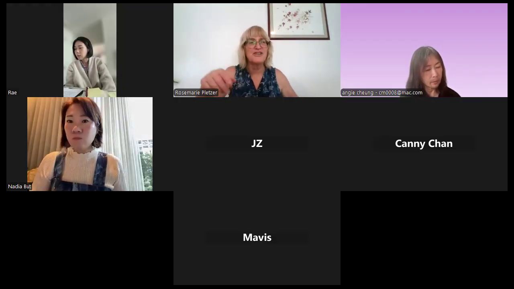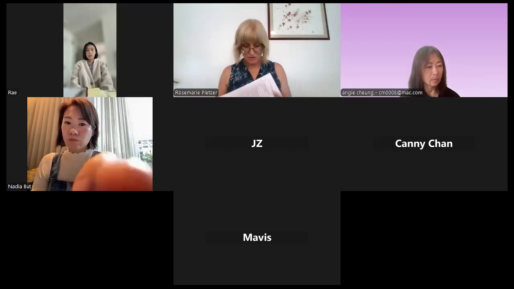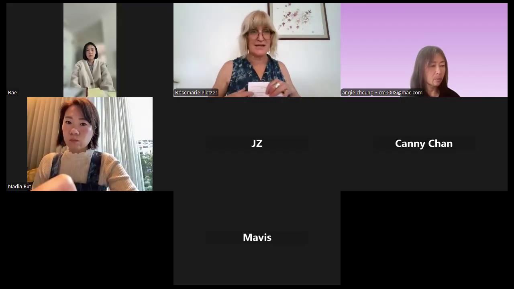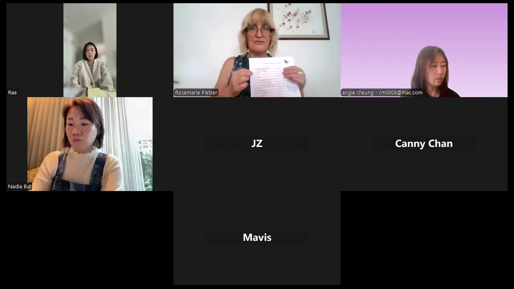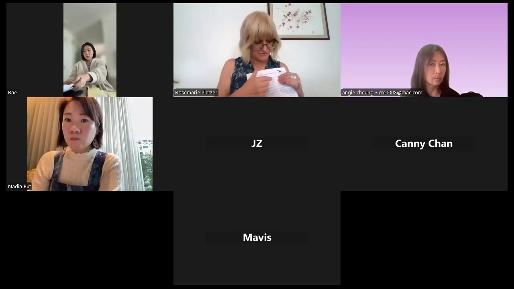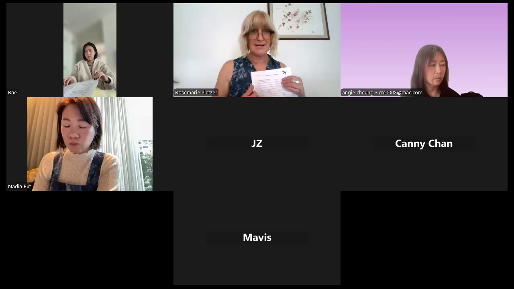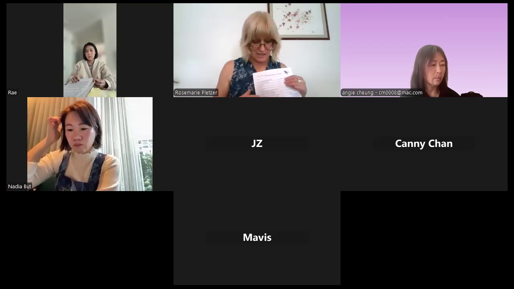If it's reversed, so if it's weak for A and strong for B, you can put an R next to the number on the left-hand side of the worksheet. If it's double strong, so if it's strong for A, strong for B, you can put an S next to the number on the left-hand side of the worksheet.